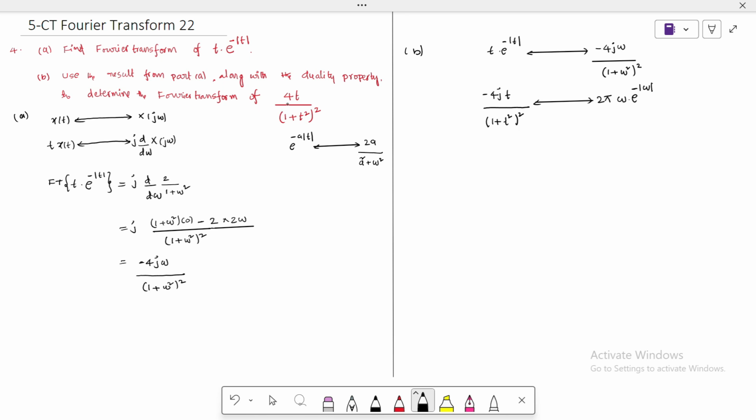So what is the Fourier transform? 4t by 1 plus t square whole square, only j, there is no minus j.